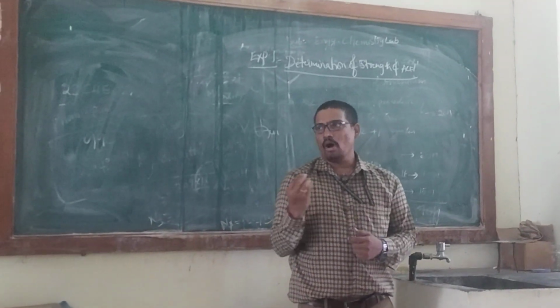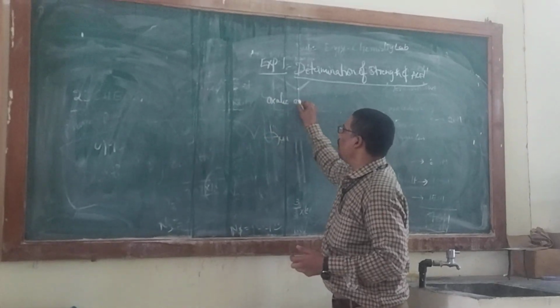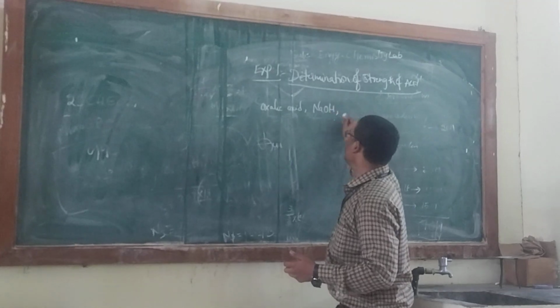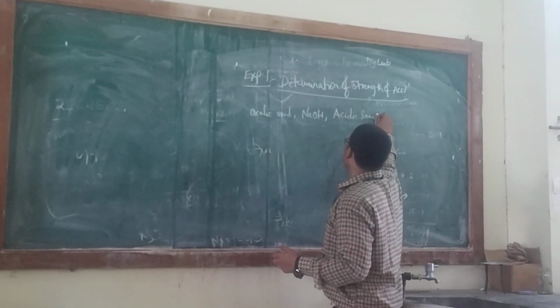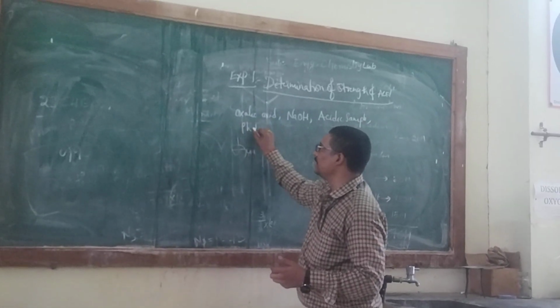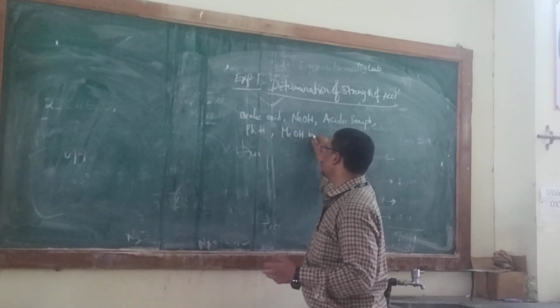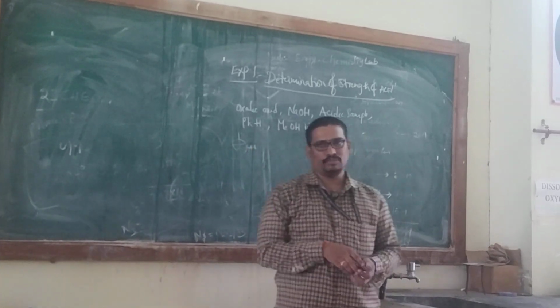Chemicals required are oxalic acid, NaOH solution, then we have the acidic sample, that is sulfuric acid sample. Next we have phenolphthalein indicator and methyl orange indicator. These are the chemicals that we use for the titration process.